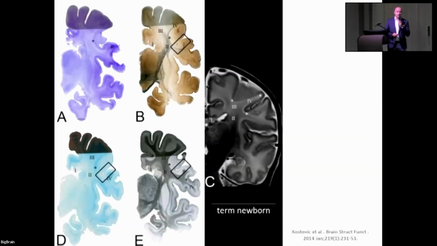Another thing which was already been said today is that subplate zone is not something restricted to fetal development, but you could find subplate even after the birth. So for example, if you look to term newborn, you should find some difference of signal intensity below the cortex, and especially in the apical part of gyruses.